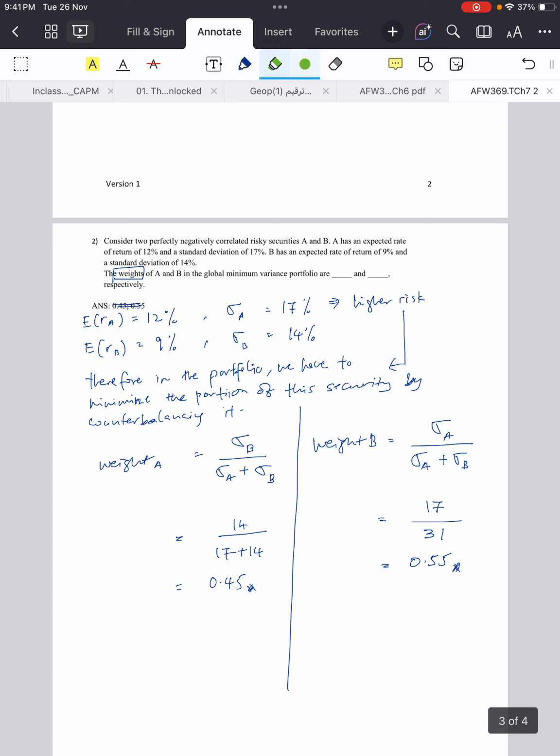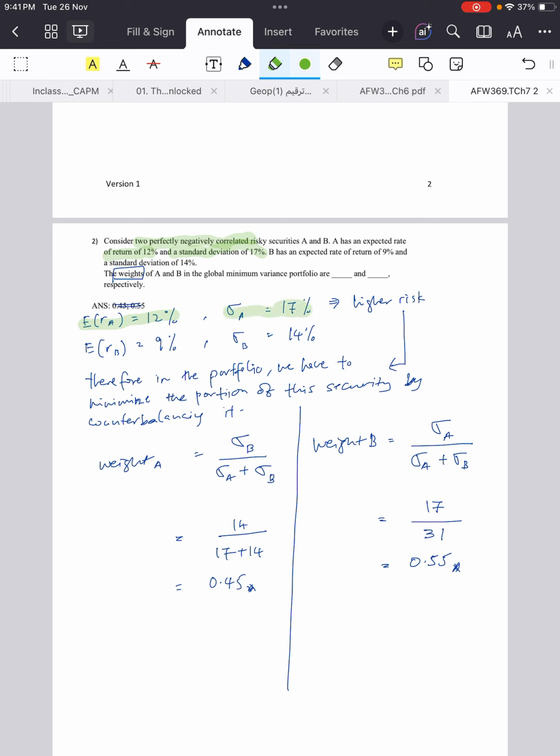Consider two perfectly negatively correlated risky securities A and B. The keyword here is perfectly negatively correlated. It means that if A goes up, B will go down. A has an expected rate of return of 12% and a standard deviation of 17%.